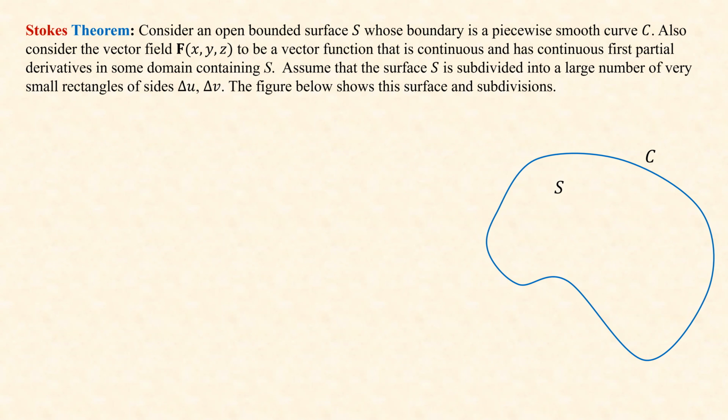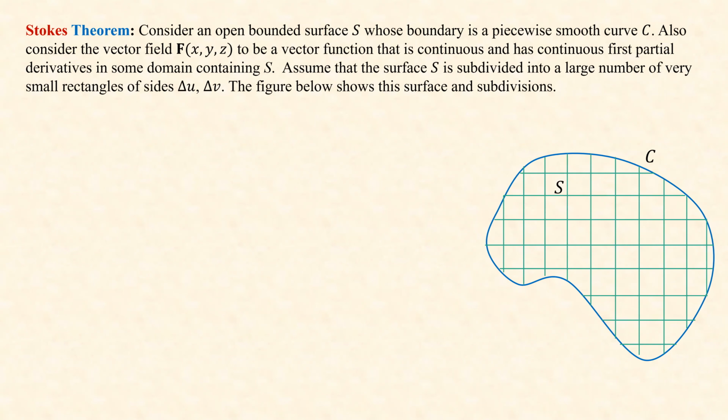You see, du dv is delta u delta v, if you parameterize the surface by two parameters u and v, then you can change the delta u delta v, right? And get these surface areas on the surface. The figure here shows this surface and subdivisions. Of course, this could be in space, that is now two-dimensional, but as I said, it doesn't mean that the surface is flat. It could be any surface.